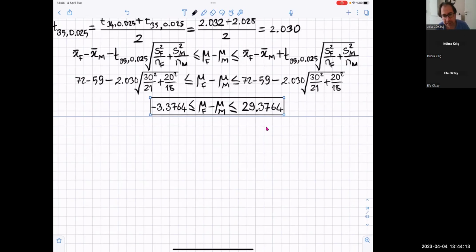Okay, so that's the result of the confidence interval. The lower bound is minus 3.